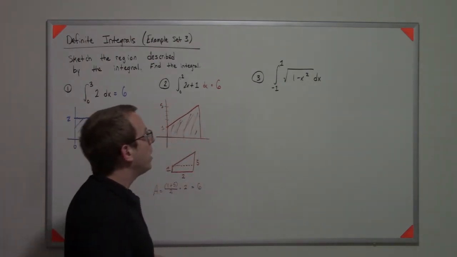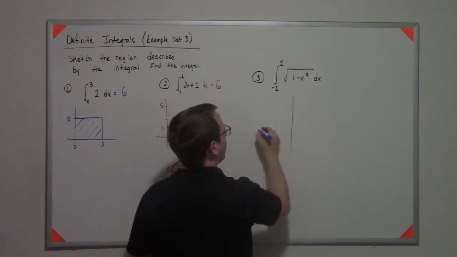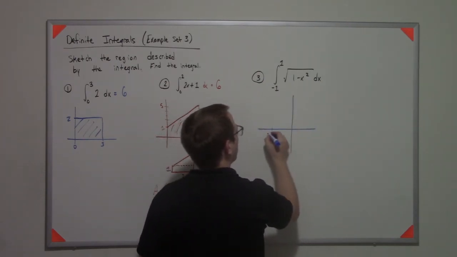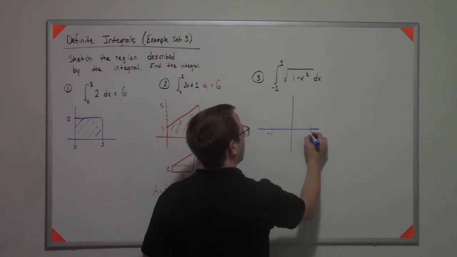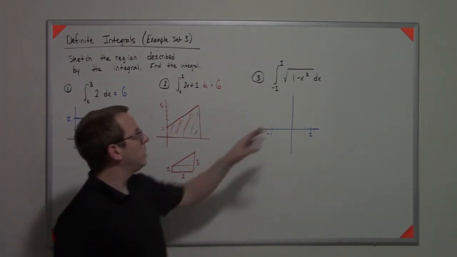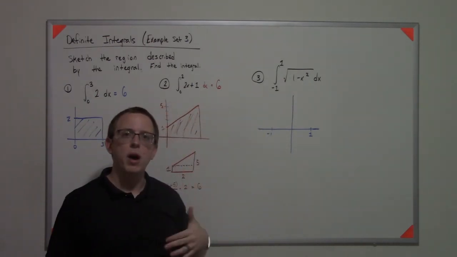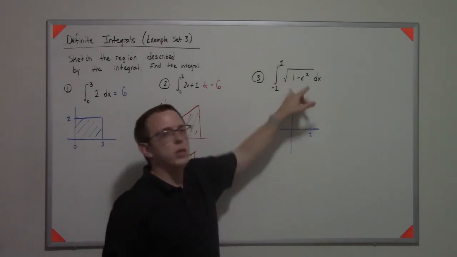In this particular case, we're going to go from -1 to 1. Now, this is a little more challenging, though. So what might be useful is to think about what this graph would look like.